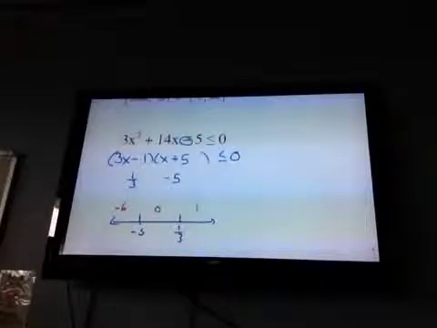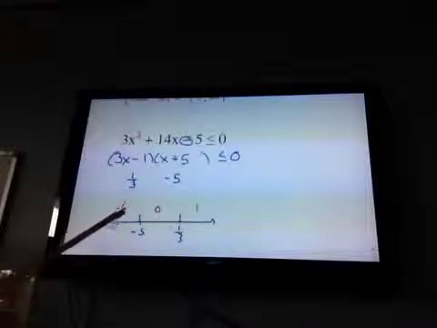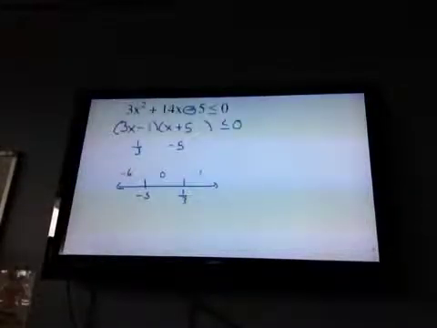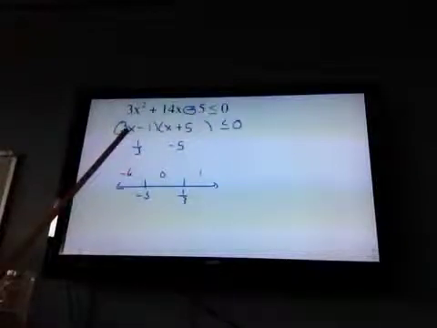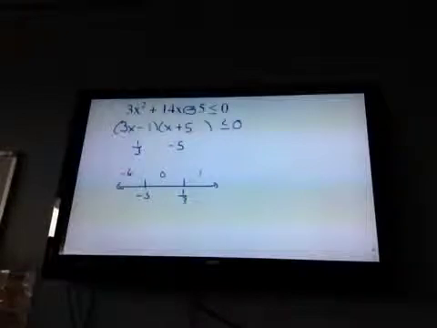Okay, so let's plug in our test numbers. -6. And again, we don't care what the number is when you plug it in. We care what sign it is. So 3 times -6 minus 1 is going to be a -19. So it's going to be negative. -6 plus 5 is going to be a negative.